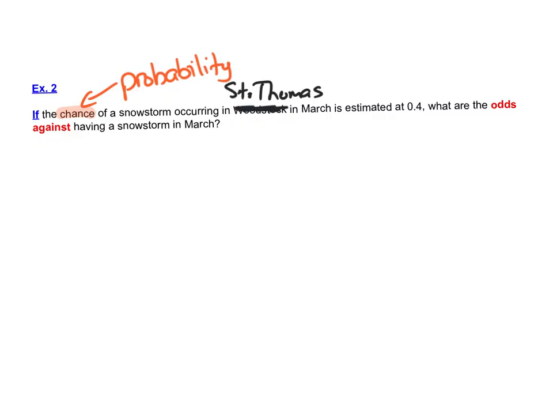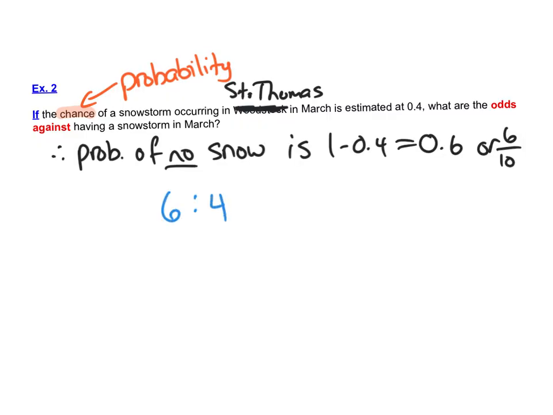If there's a 40% chance of snow, that means there's a 60% chance of no snow, which means that the odds against having snow is 6 to 4. And notice how my probability has 10 in the denominator, but my odds have 6 and 4 adding to the denominator of my probability.